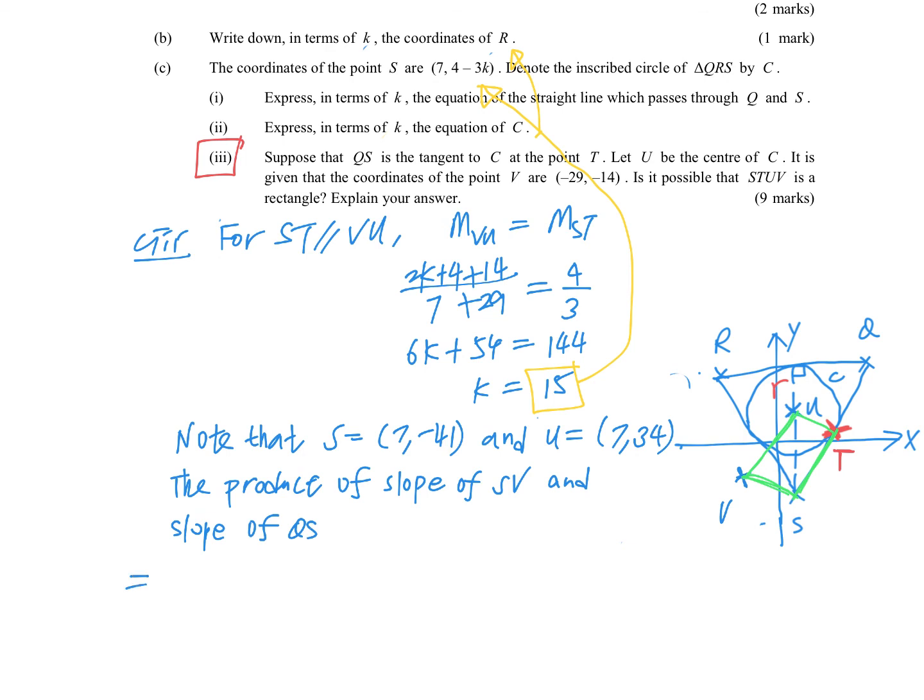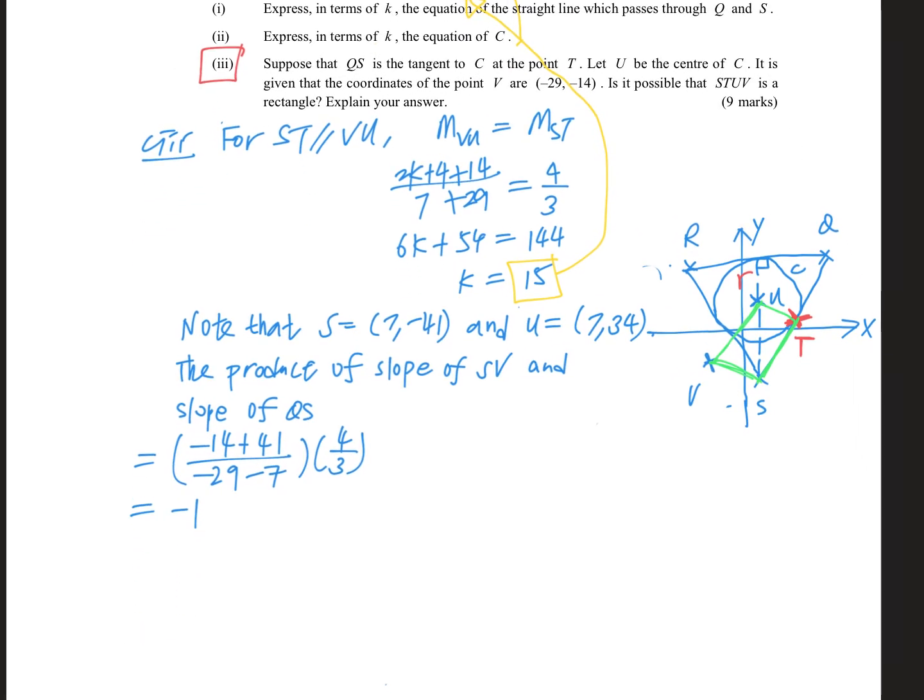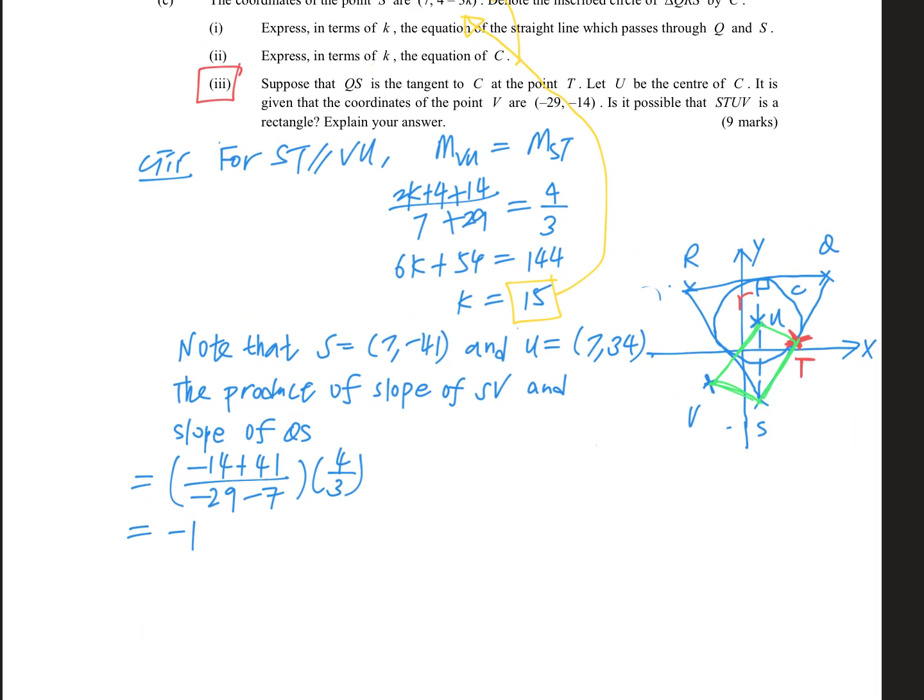That would be negative 14 plus 41 over negative 29 minus 7, times 4 over 3. No need to calculate because it has been found in C1, and with the manipulation that would be negative 1. So in that case, we can conclude that QS is perpendicular to SV.